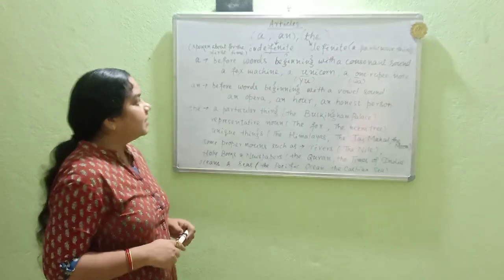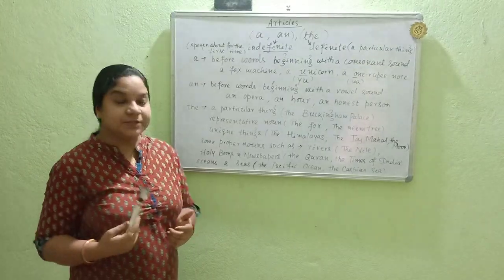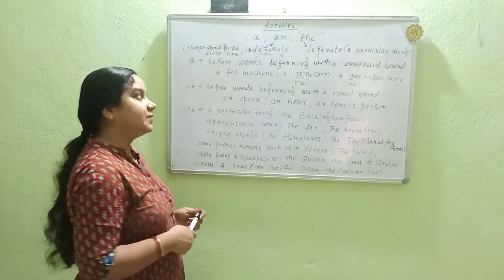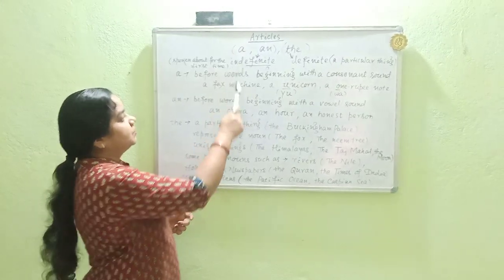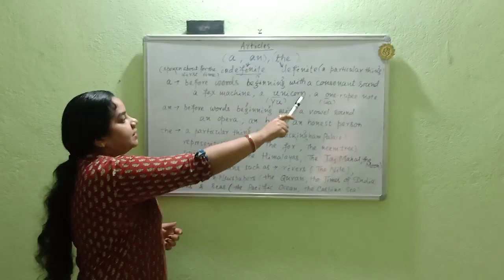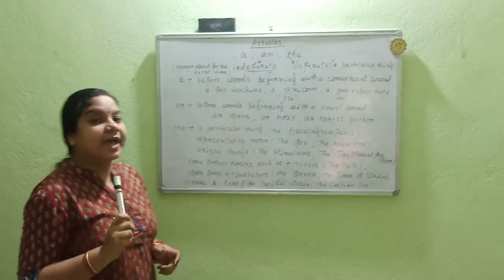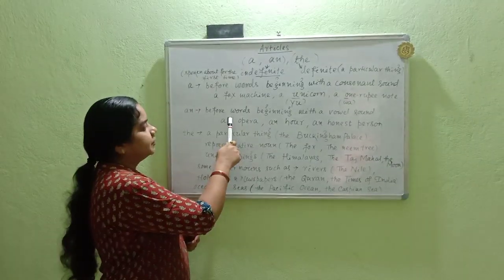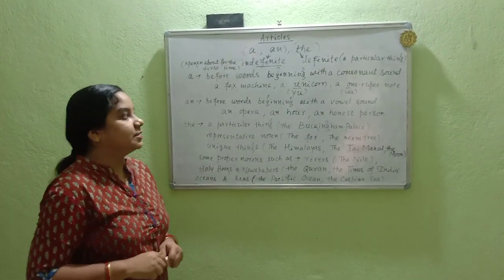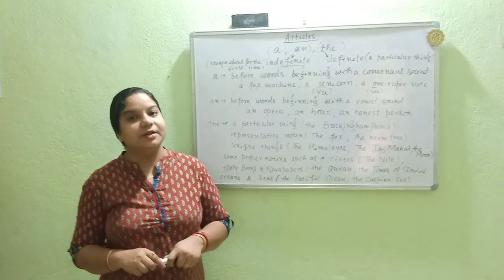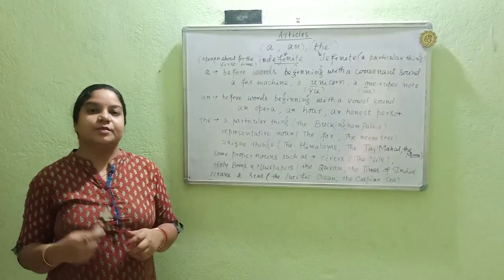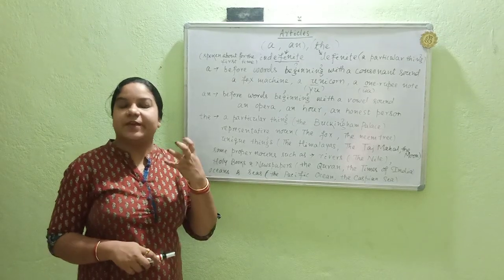When you are talking about a boy or a person or a place or a thing for the very first time, the only difference is that a is used before words beginning with a consonant sound, and an is used for words beginning with a vowel sound. Now the difference between consonants and vowels is that consonant sounds come when your mouth is fairly closed.